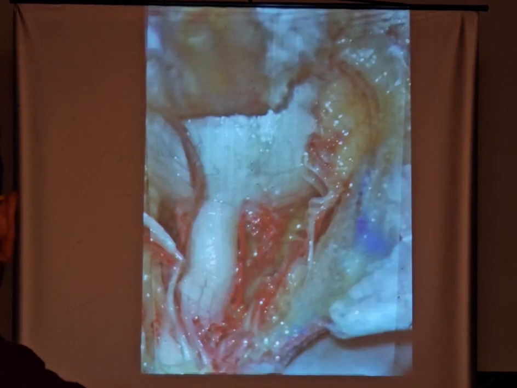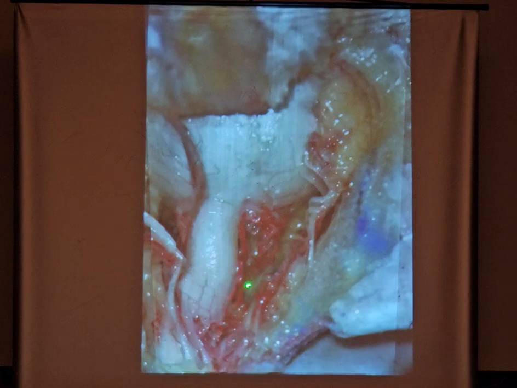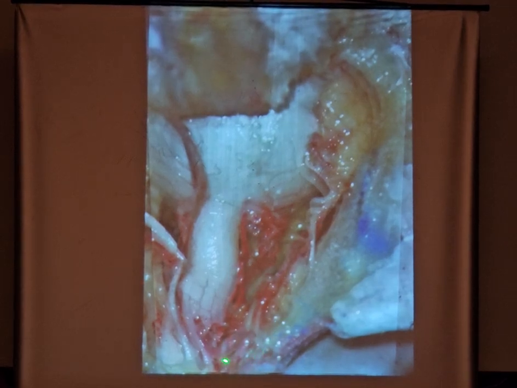The lacrimal artery now is one of the largest ones. The microphone is not working. It's working. So we continue with the lacrimal artery, originating from the ophthalmic artery, but we will see it can originate directly from the middle meningeal artery.